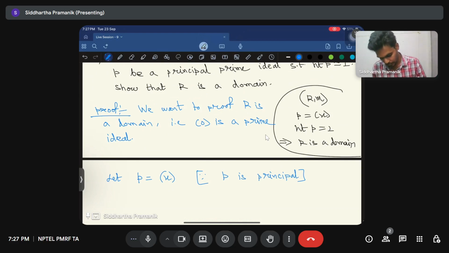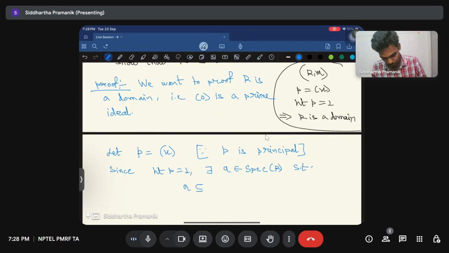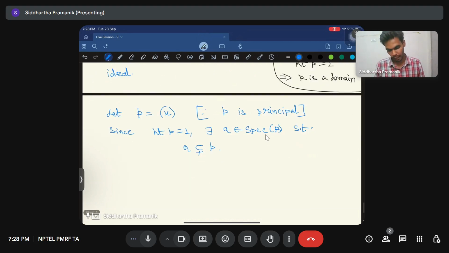Also, since height of P is 1, there exists Q belonging to Spec R such that Q is a proper subset of P. Right? Because height of P is 1. Now claim that Q is equal to 0. Because Q is a prime ideal, if we can show that Q is equal to 0, then 0 will be a prime ideal. Then R is an integral domain.